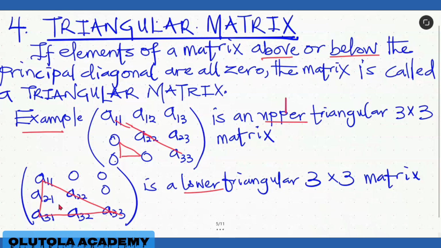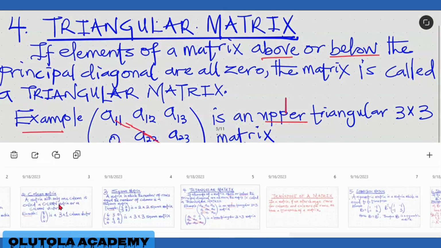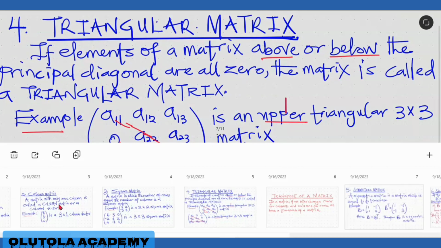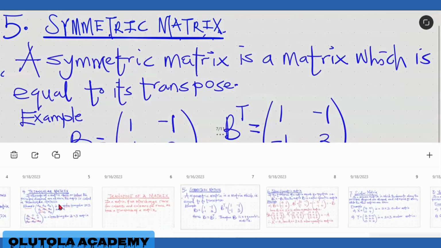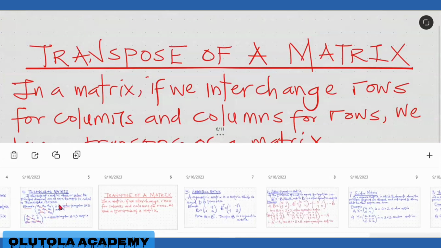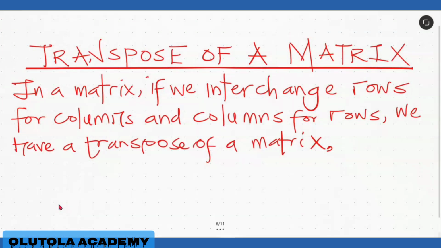Then going on, we have the fifth one, the symmetric matrix. But before I show you the symmetric matrix, I'm going to show you what a transpose of a matrix is, though I'm going to make a separate video for transpose of a matrix because of its importance.